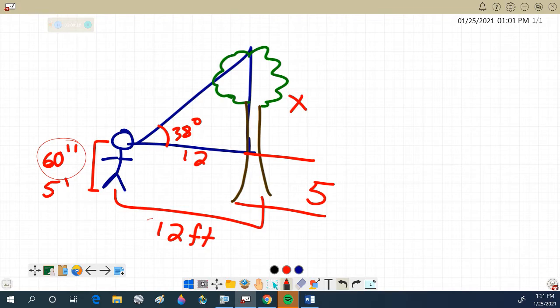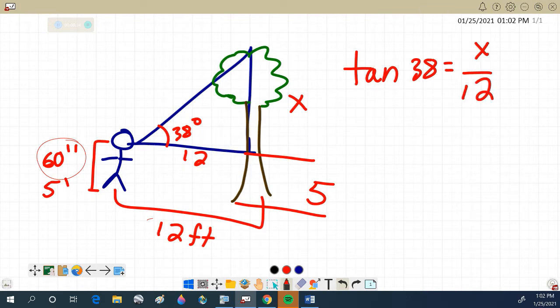What 2 sides am I using? Adjacent and opposite, which is tangent. So I set up the fraction. The tangent of 38 is x over 12. How do I solve that? Multiply by 12.